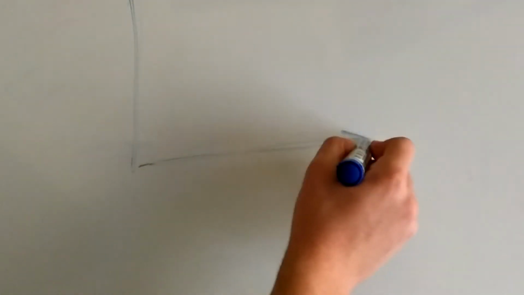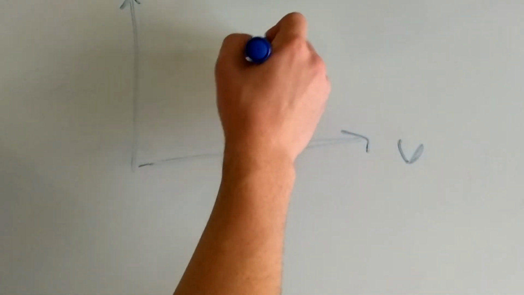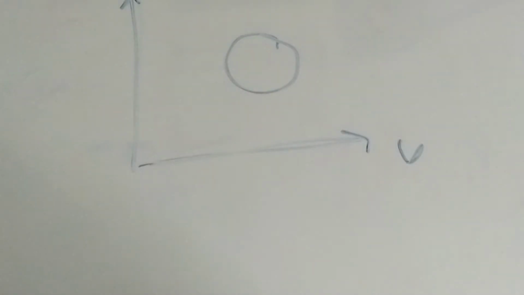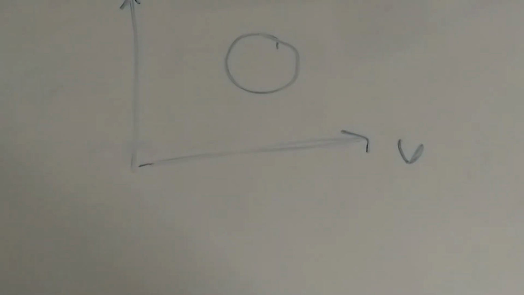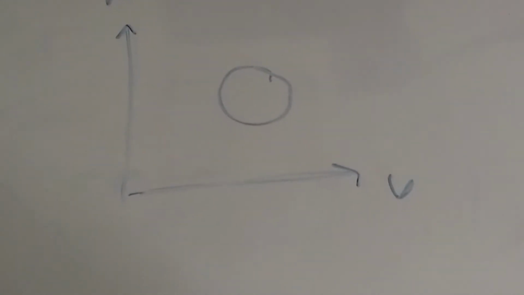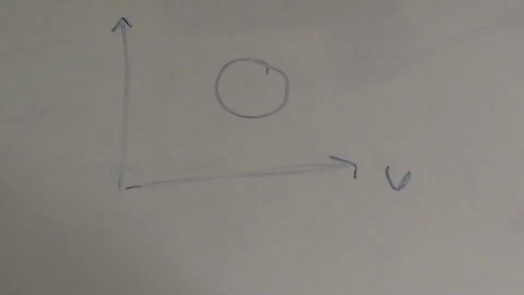Now in a cyclic process, what do we have? If I draw a PV diagram here, so this is pressure, this is volume, and we have a cyclic process, and that will look something like this. Now a cyclic process means that basically the system ends at the same point as the process began.